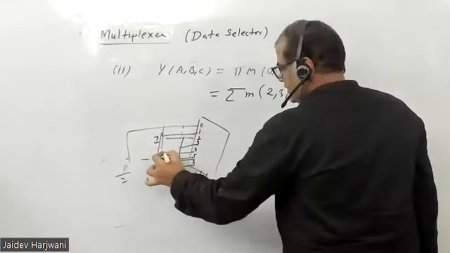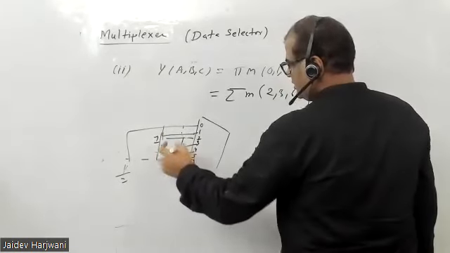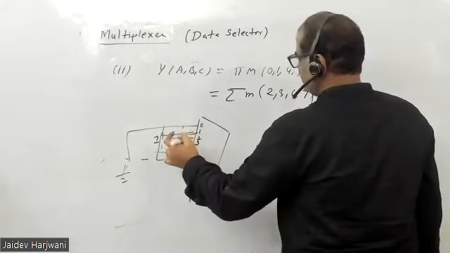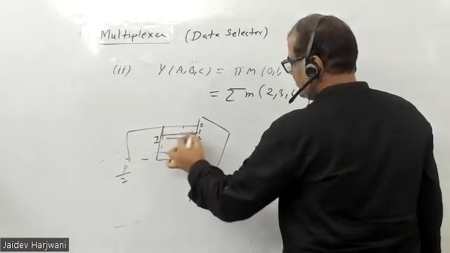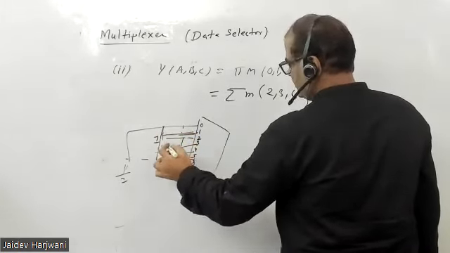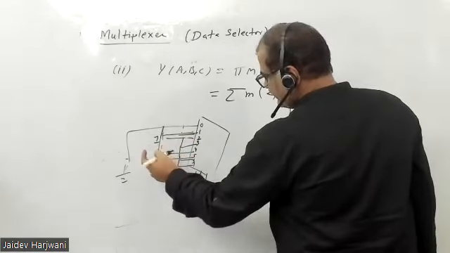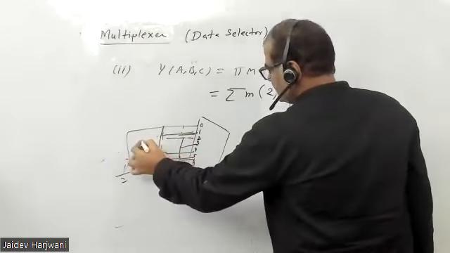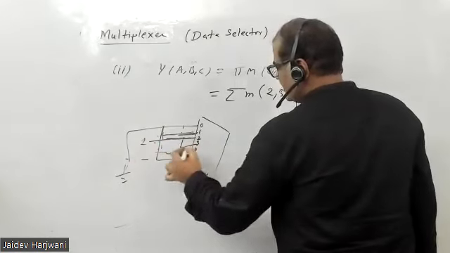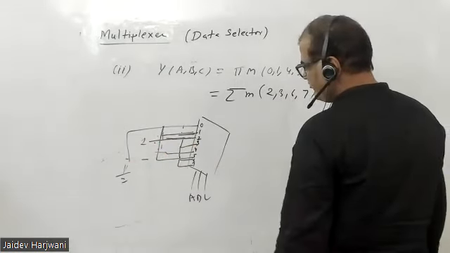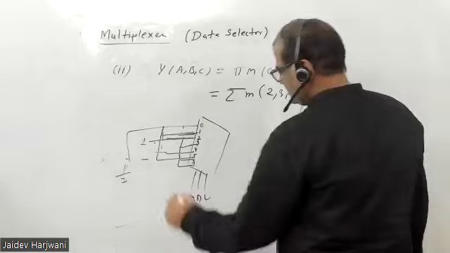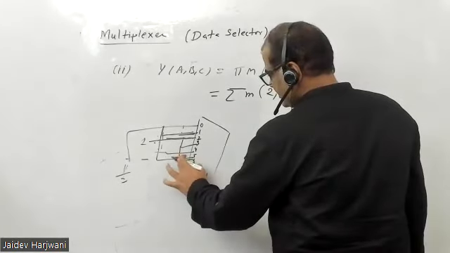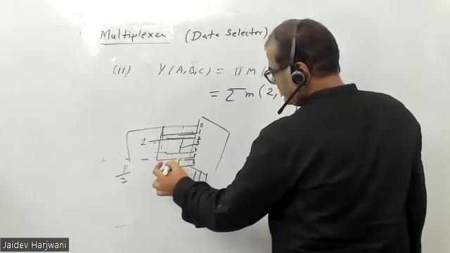Connect all of these. So 2 is connected to 1, 3 is 1, 4 is 0, 5 is 0. So 5 is not connected to 1, 5 is 0.